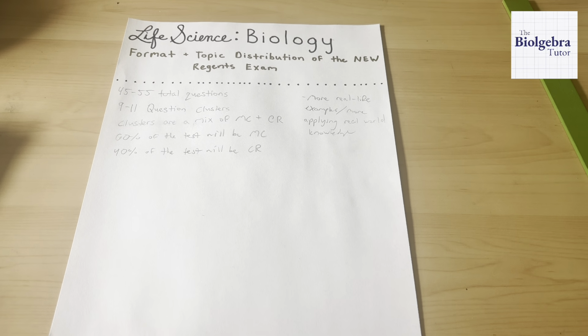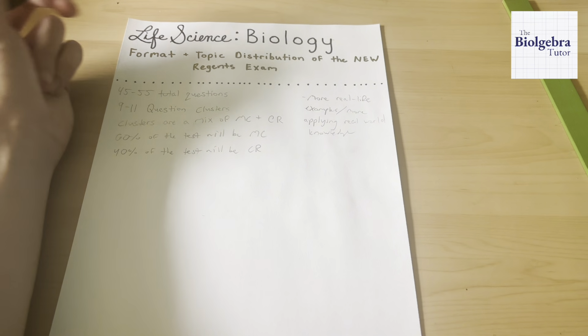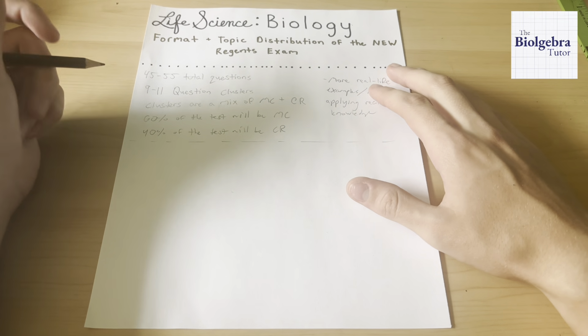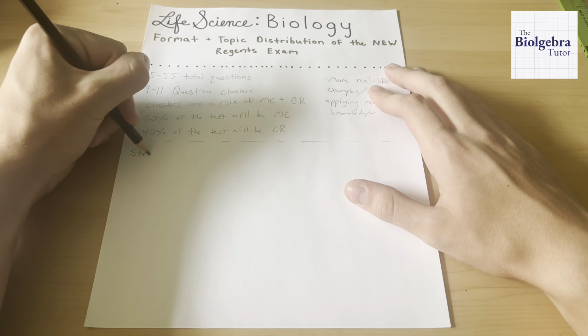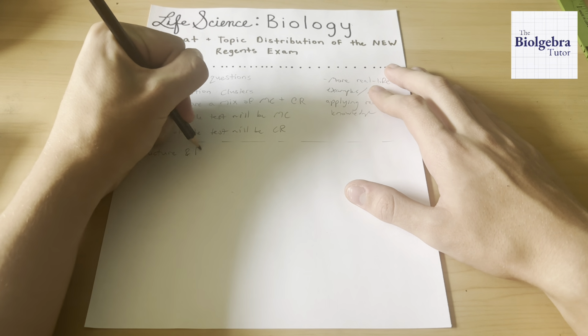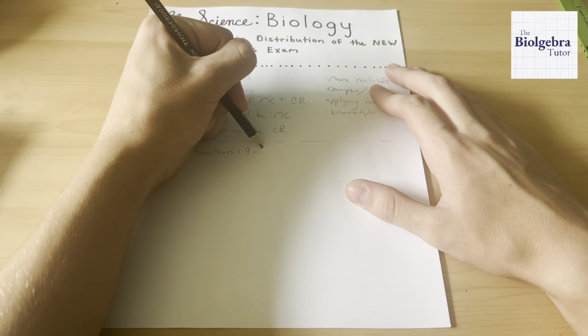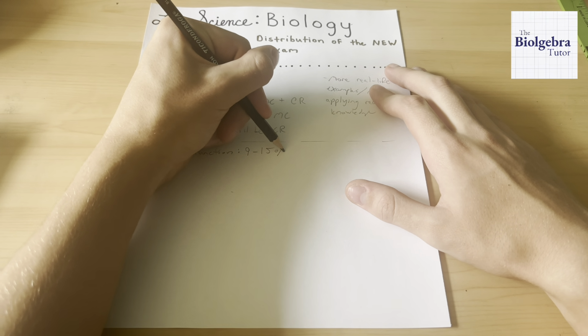So now let's go over the topic distribution. So the first topic, or topic 1, is structure and function. On the Regents exam, this will be 9 to 15%.